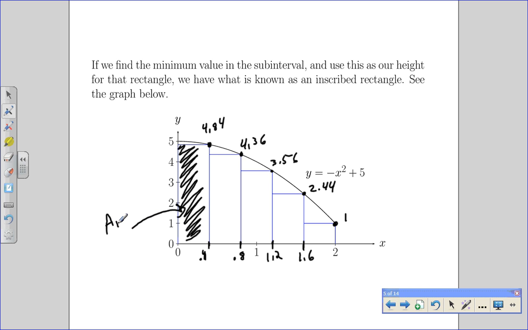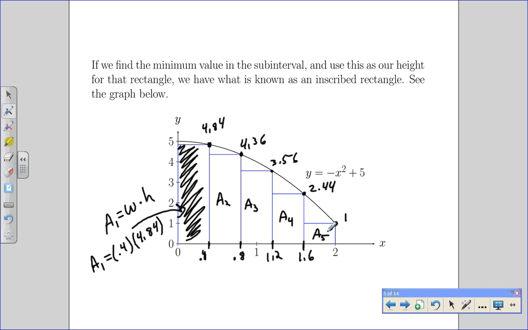So if you want to find the area of the very first rectangle, I'll call that area 1. Let's write it this way: width times height. So area 1 is going to be width, which is 0.4, times the height, which is 4.84. And I'm going to keep doing that. This one here is going to be area 2, and area 3, and area 4, and area 5.